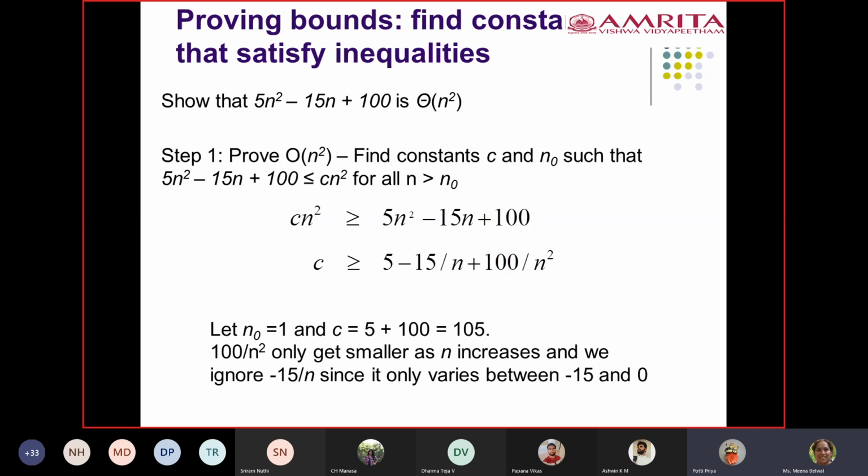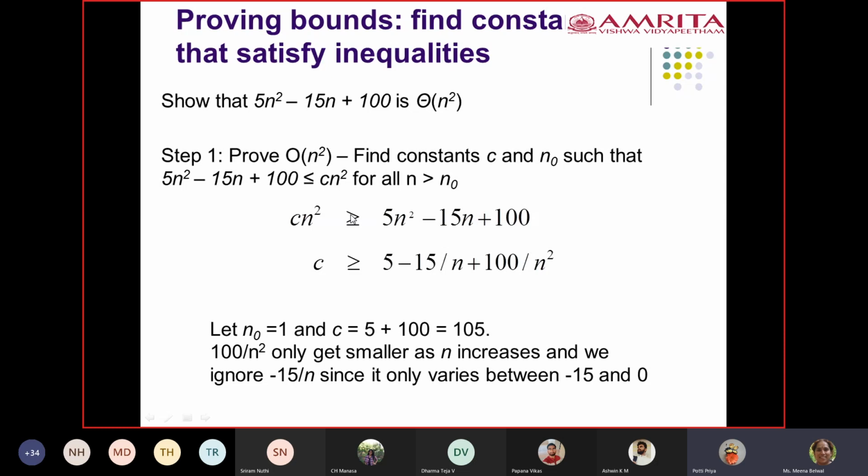Yes, ma'am. If suppose the second term exists, then notice the statement in the second step, 5n square minus 15n plus 100 less than or equal to C n square. The left expression can be a small value or can be a bigger value.